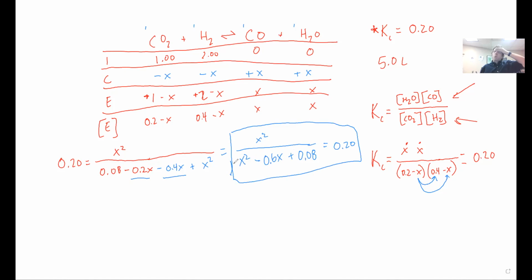Now, what's worth knowing is that we can use this information and plug it into the quadratic equation. The quadratic equation is x is equal to minus b plus or minus the square root of b squared minus 4ac all over 2a.